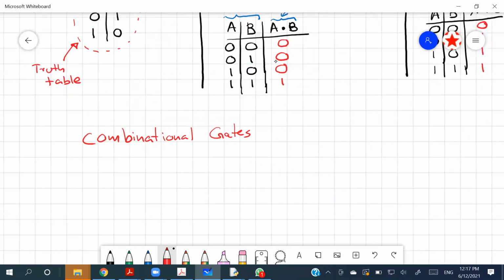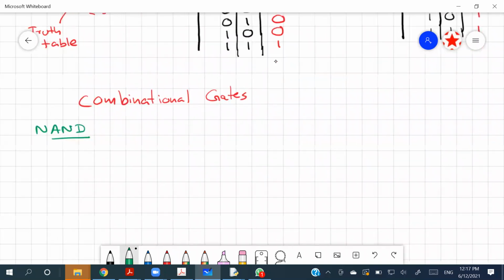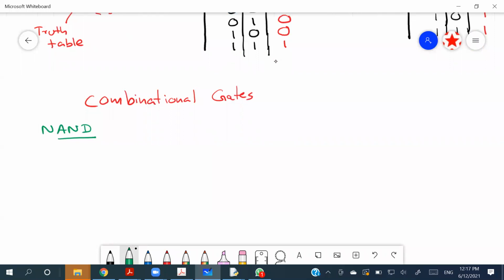combinational gates. So the first one is called, let's say, NAND. So you can see there is an N in front of the AND, right? So the same happens over here. The circuit is created like this.